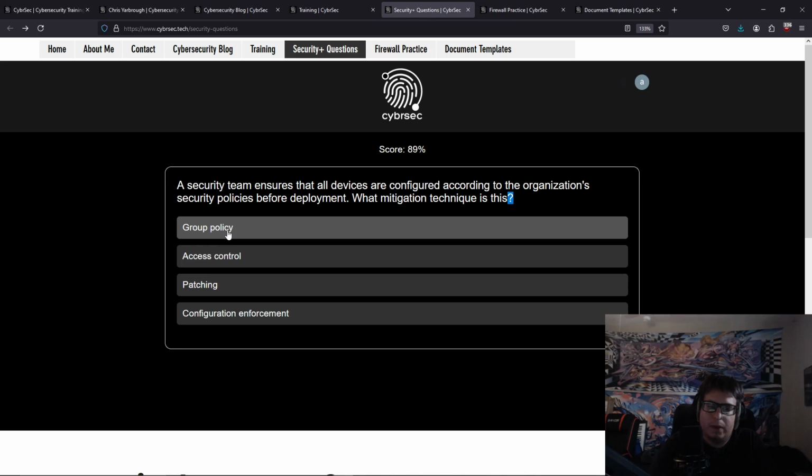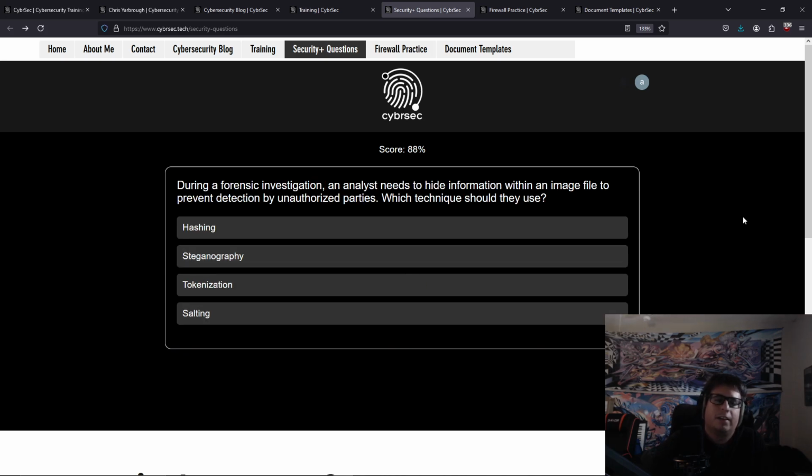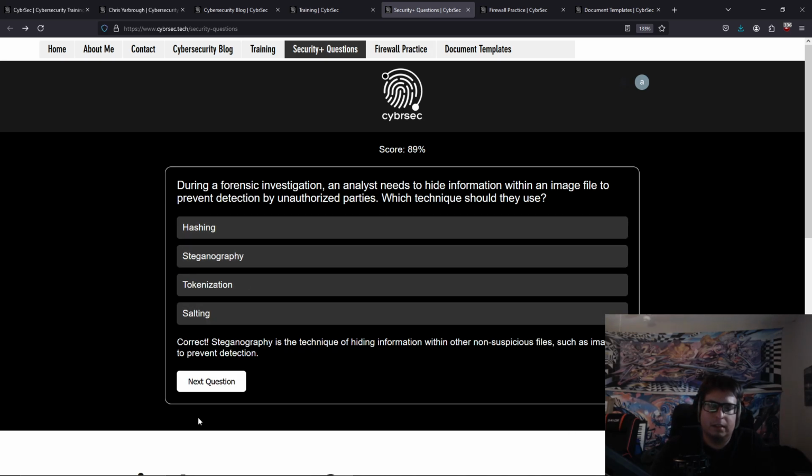Configuration enforcement, group policy. Configuration enforcement. Darn it, Alex. During a forensic investigation, an analyst needs to hide information within an image file to prevent detection. What type of technique is this? And that's steganography. Correct.